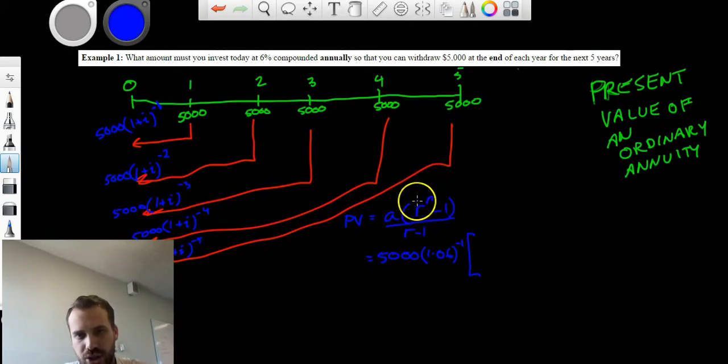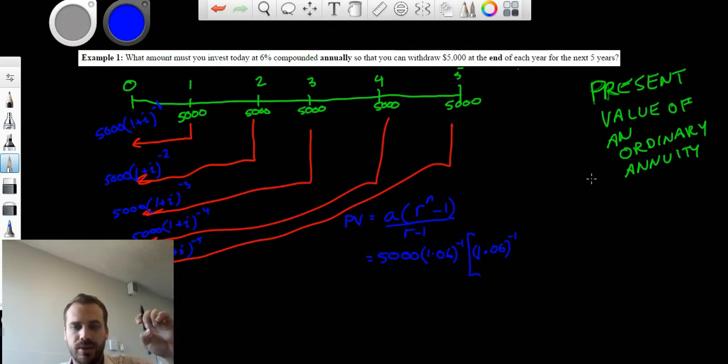So our ratio is going to be 1 plus I, which is 1.06, to the power of -1. That's our R value. Each term is being multiplied by 1.06 to the power of -1.